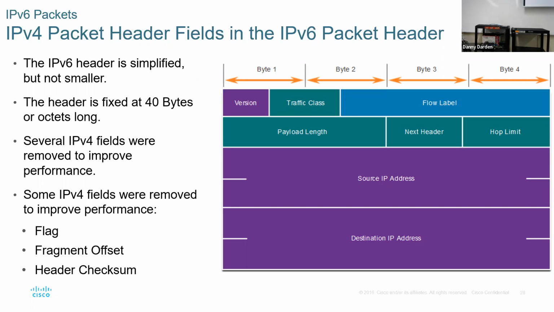So I can always represent portions of numbers. That's what you're seeing here: this version and traffic class, they're split, and it makes up 1 byte. And these are our bytes that make up our IP addresses.